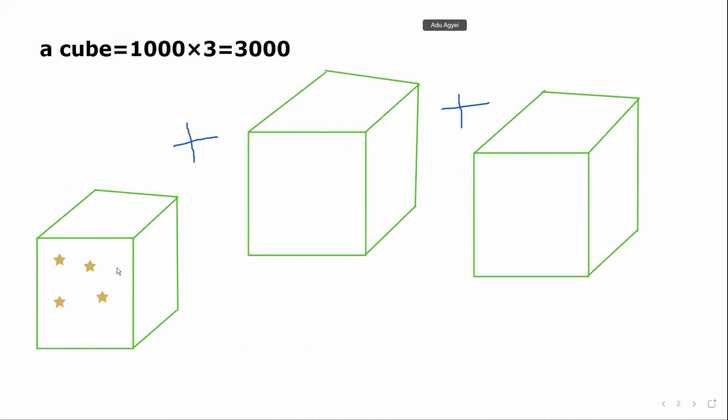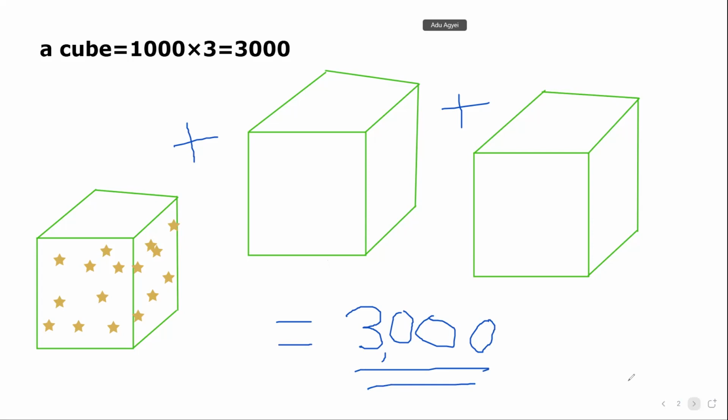Yes, one key. Okay, this is one key. Good. And these three keys, when you put them together, that will give you the 3,000. 3,000. Okay, good.